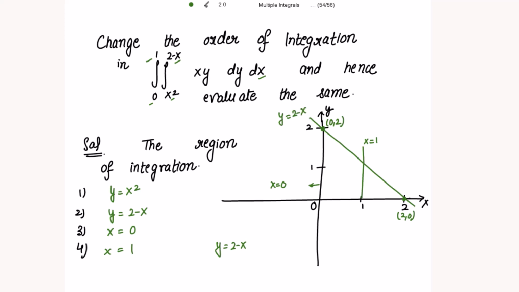Okay, so the last one is y equal to x squared. So this is the parabola. If you notice, this is the point of intersection. This point of intersection is (1, 1).